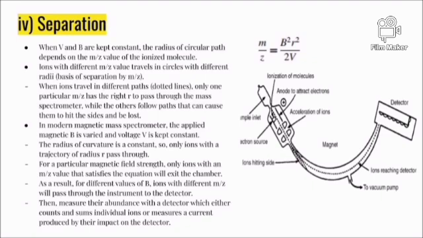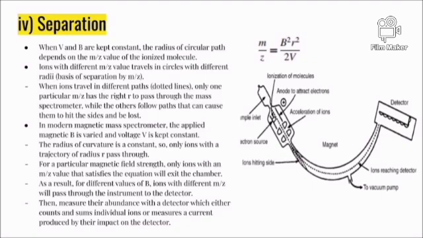For a particular magnetic field strength, only ions with an m/z value that satisfies the equation will exit the chamber. The equation, as shown in the slide, is m/z equals B squared r squared divided by 2V. As a result, for different values of B, ions with different m/z will pass through the instrument to the detector.